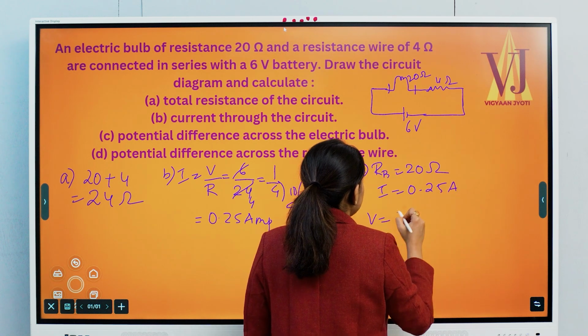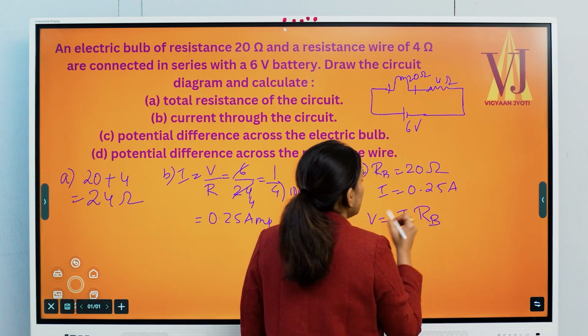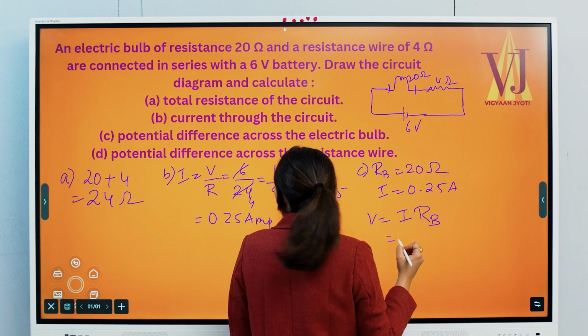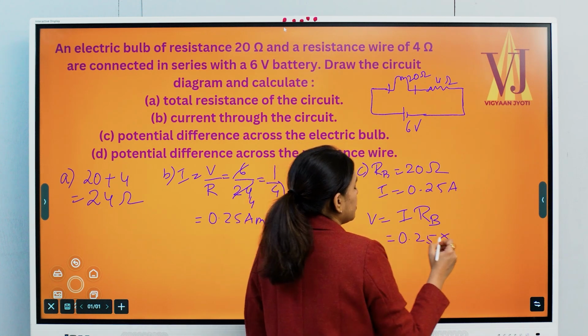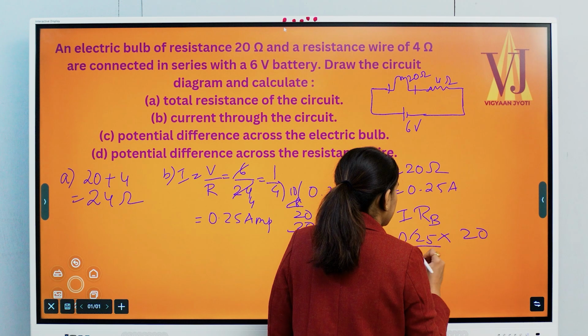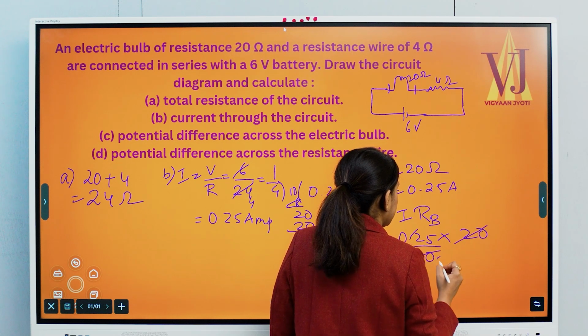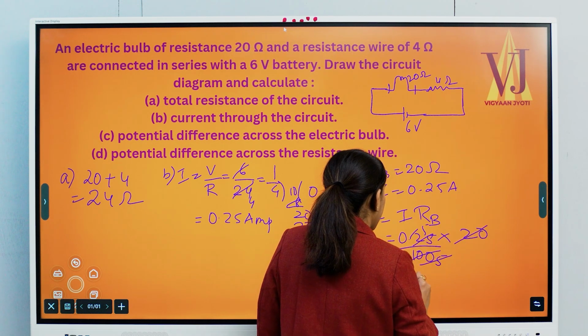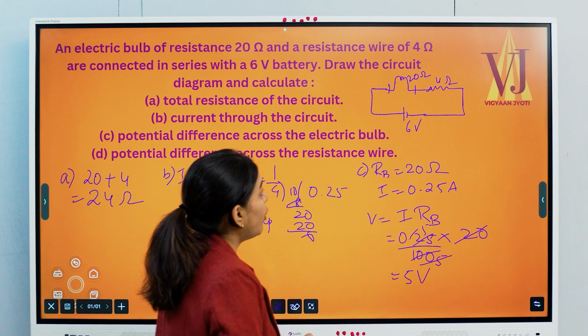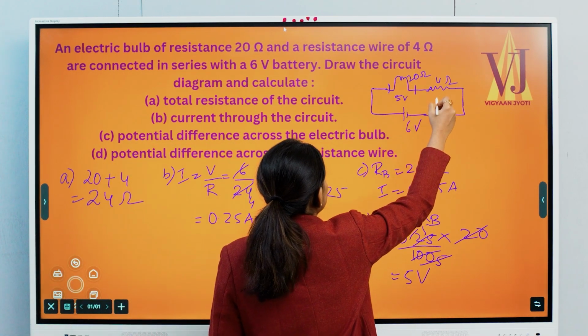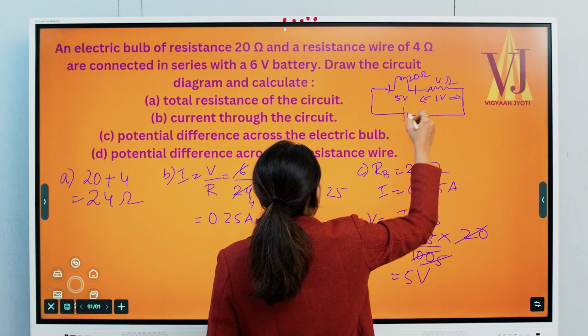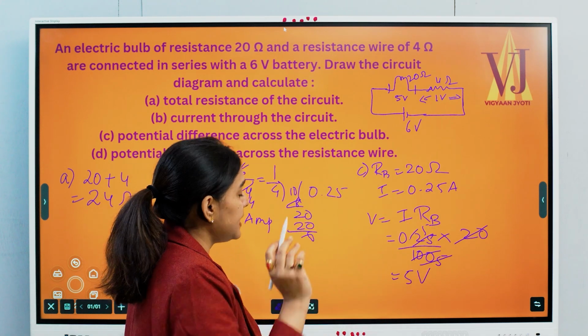That means my voltage is I times R of the bulb, which is 0.25 into 20. That gives 5 volts. Fine, 5 volts. Out here it will be 5 volts. Clear? That means here it will be 1 volt. Let us see how. We have to get 1 volt. Okay, let's see.